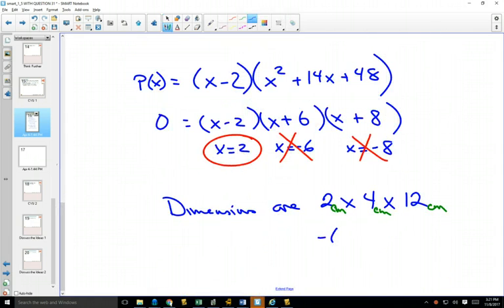It would be negative 6 centimeters by negative 4 centimeters by 4 centimeters. That would be your dimensions. That doesn't make any sense. Okay? It mathematically gives you an answer that's right with the math, but the situation doesn't make sense.